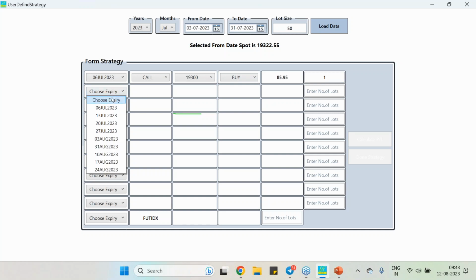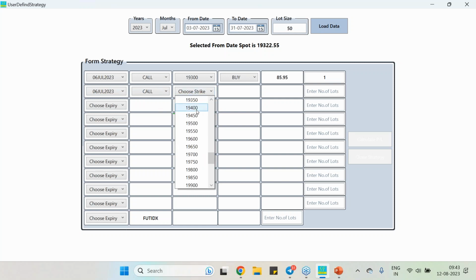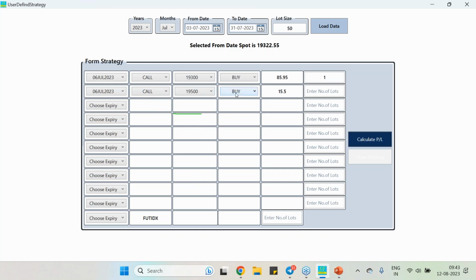Here, 6 July, again call option, one debit call spread. So 19,500 you can say, 500 is too deep. So 85 to 15, you can say 75 risk, however 125 rupees will be your likely profit. So say 6 July, 19,400 we can go.